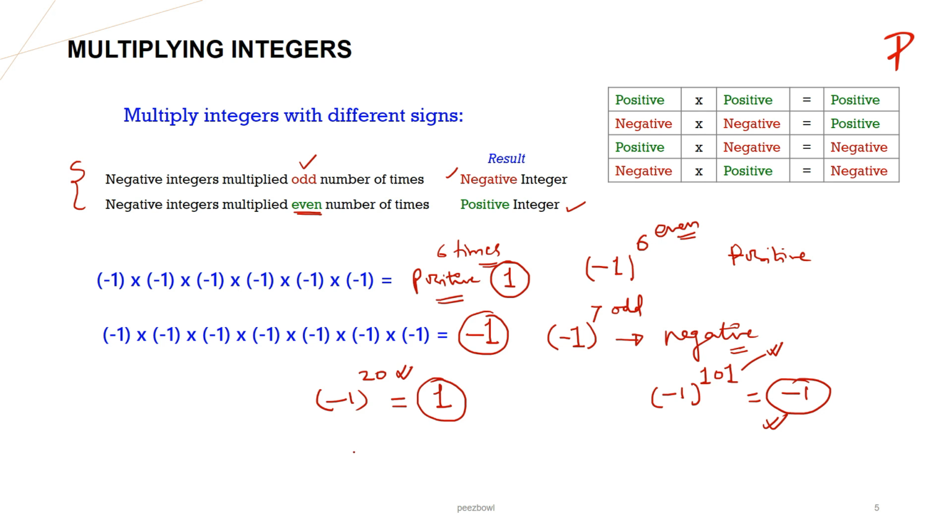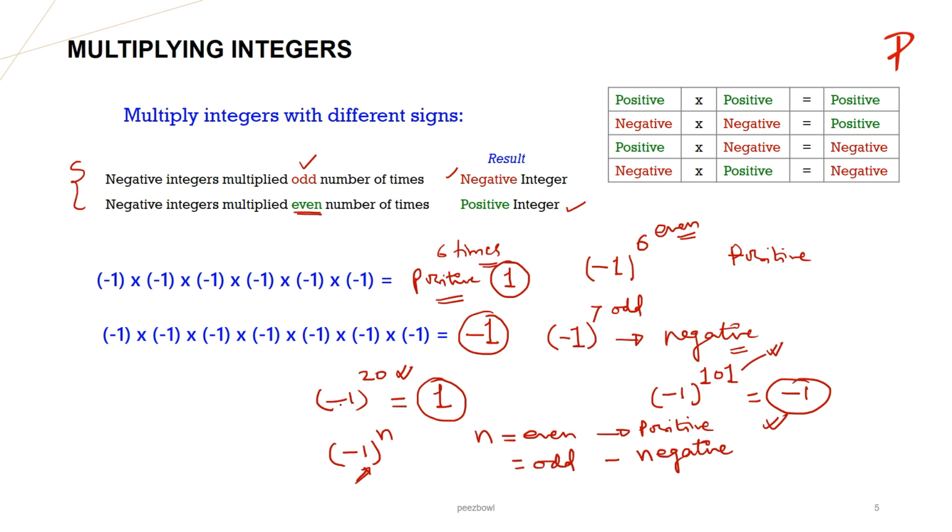Okay, so -1 to the power n, when n is even, then the result is going to be positive, right? And when n is equal to odd, then the result is negative. And -1 is only for an example. There could be any negative integer, right?